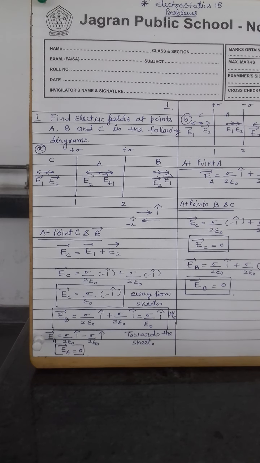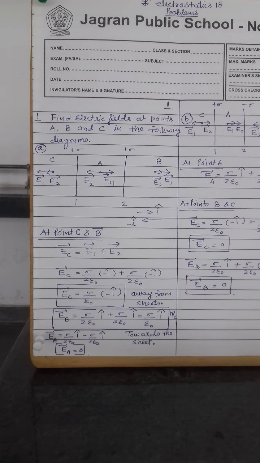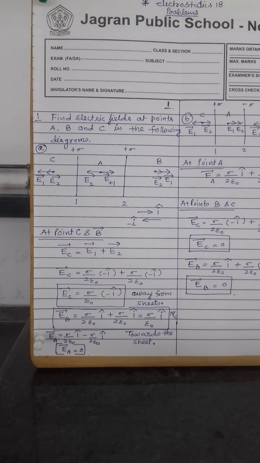In other words, for positively charged plane sheet, electric field is perpendicular to away from the sheet, and for negatively charged plate, electric field is sigma upon 2 epsilon naught perpendicular to the sheet inwards, right? We will consider this formula and then we will use the principle of superposition at point A, B and C respectively. Okay.